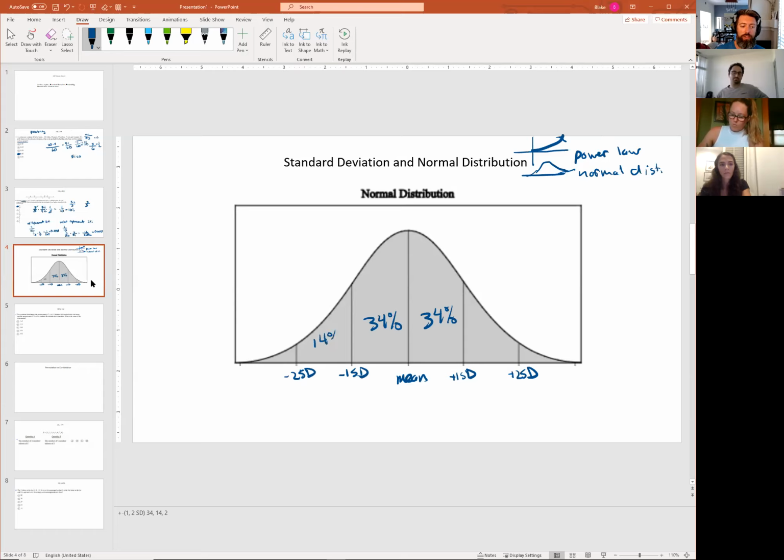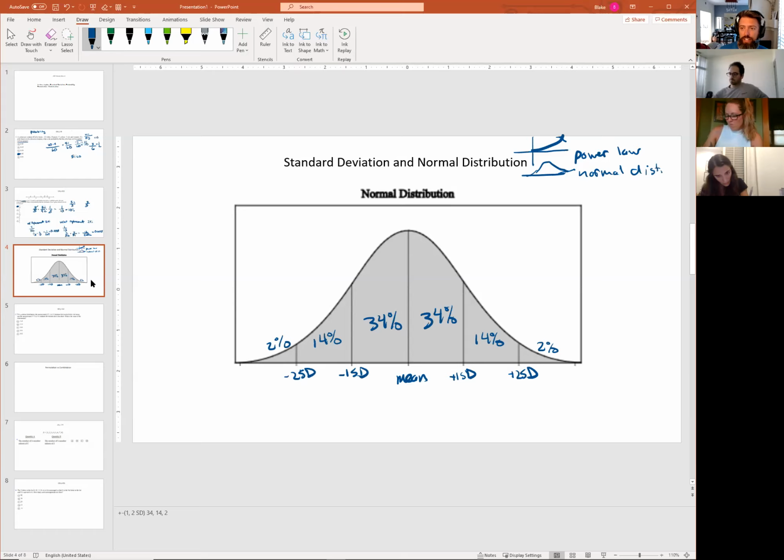Then you want another 14% of your values to be between 1 standard deviation below and 2 standard deviations below. And then you also want 14% of your values to be between 1 standard deviation and 2 standard deviations above the mean. And then you have your other 2% here. Now these are slightly rounded numbers, but as far as you need to know for the GRE, this is it.